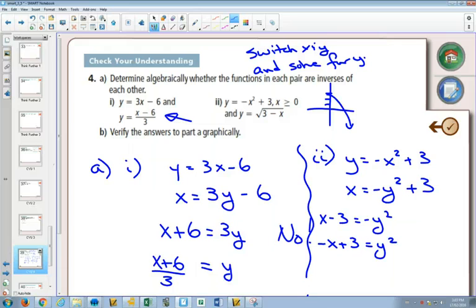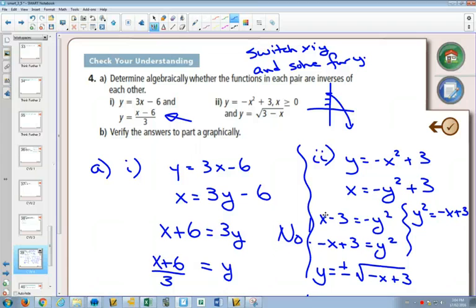So that would be one idea to get rid of that negative. Or, can you see another strategy is to move the y squared to this side and move the x to the other side? It will give you the same thing. So I just wanted to point that out. Either way, you're going to get y squared equals negative x plus 3. Now, when you take the square root of both sides, you're going to get plus or minus the square root of negative x plus 3.